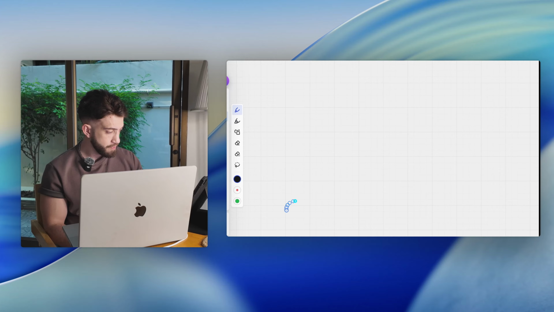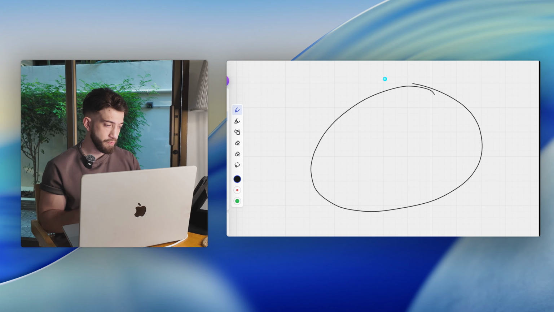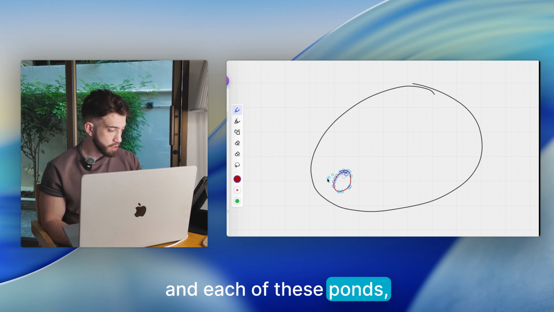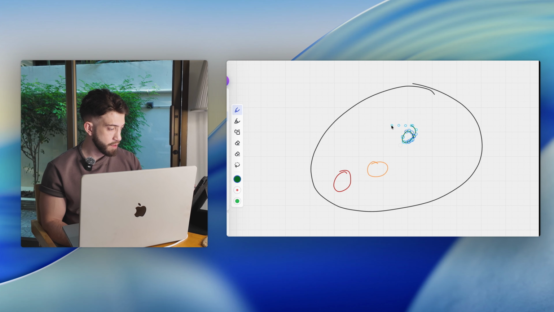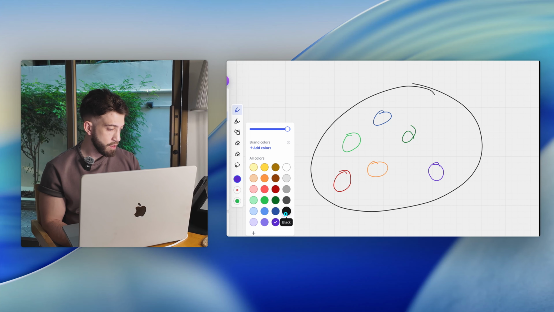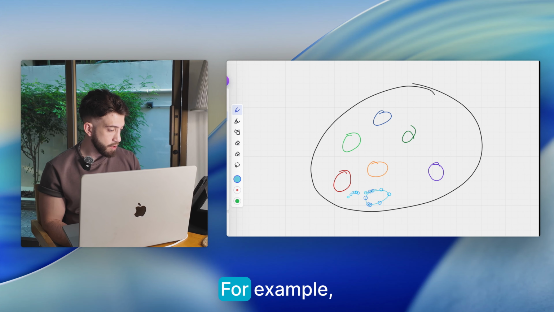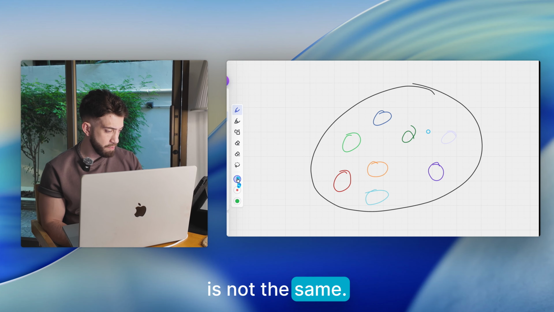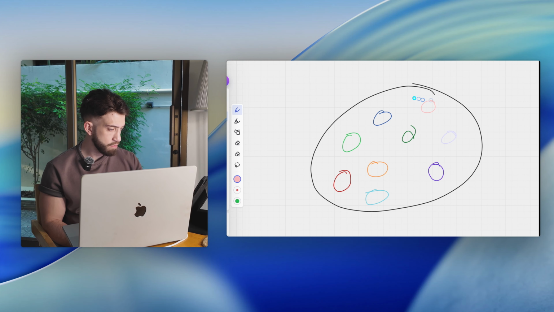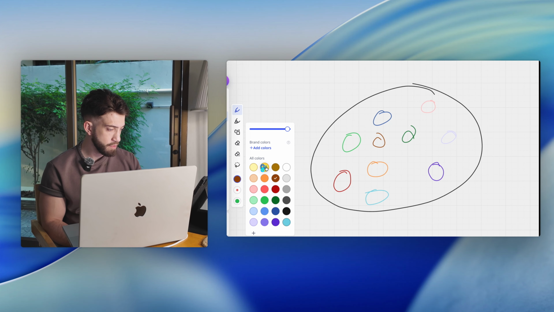He's going to go fishing. Here's a big pond. And in each of these ponds, there are going to be different species of fish. And that fish is equal to subsegments of your ICP. For example, take HVAC. Every HVAC customer is not the same. Different age, different values, different beliefs, different problems, different customer life cycles, and so on and so forth.